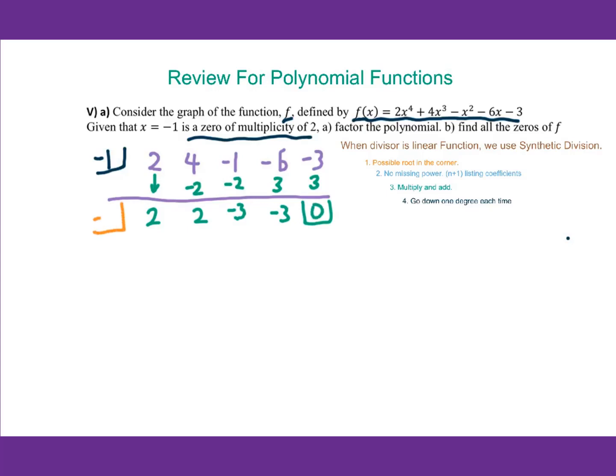Then we do -1 again. The reason for that is the multiplicity of 2, which means you have a factor x plus 1 squared. Therefore, you can do synthetic division twice for this -1.